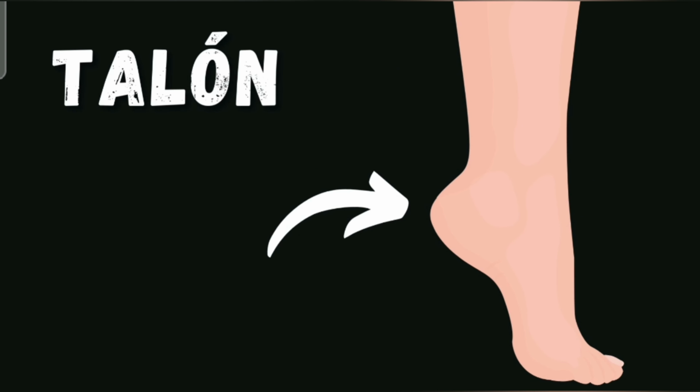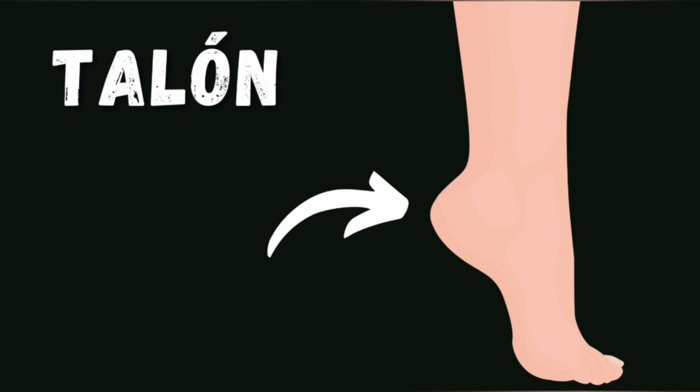Now to say feet, in Spanish you have to say pies. Okay, this is a plural form. Now to say foot in the singular form, in Spanish you have to say pie, without the letter S, okay? Now let's go with heel, okay?